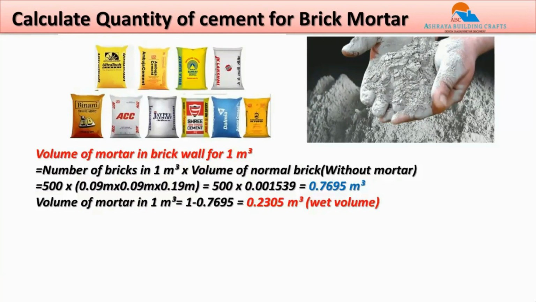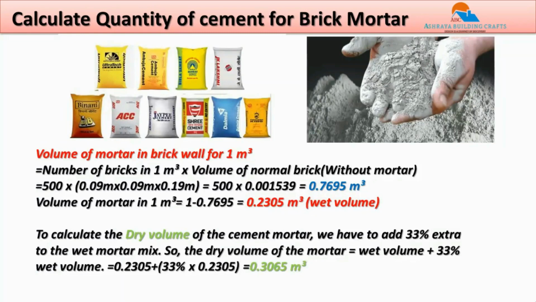To represent wet volume, we have to subtract from 1 cubic meter. 1 minus 0.7695 results 0.2305 cubic meter. To calculate the dry volume, the formula is as below: wet volume plus 33% multiplied with wet volume, that is 0.3065 cubic meter.